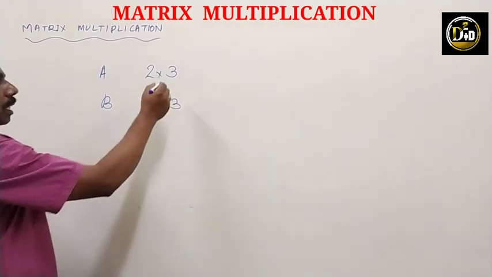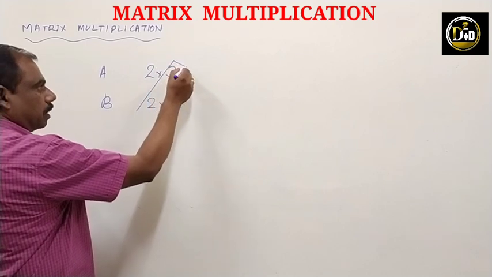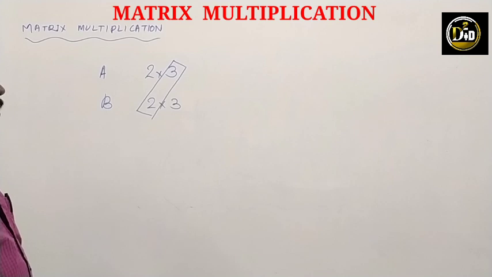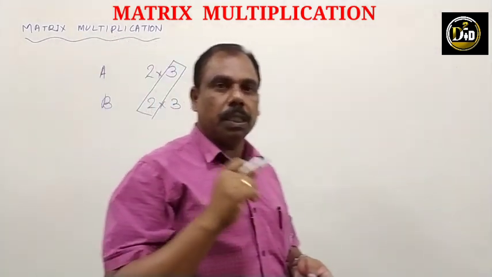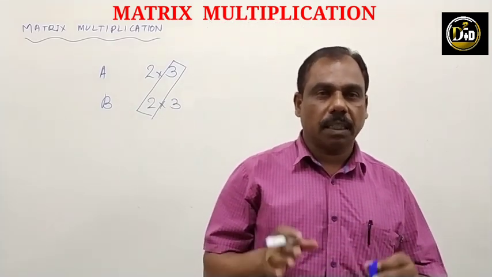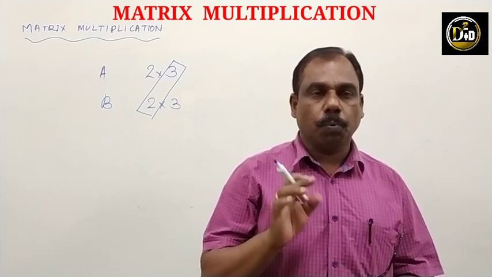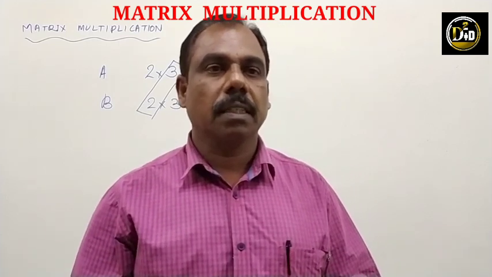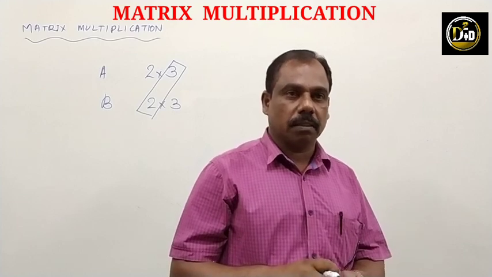The number of columns in matrix A is 3, whereas the number of rows in B is 2. Since 3 is not equal to 2, we say that A into B is not defined. So, A into B is defined for square matrices having the same order, and for all other matrices, it is possible only when the number of columns of the first matrix is equal to the number of rows in the second matrix.